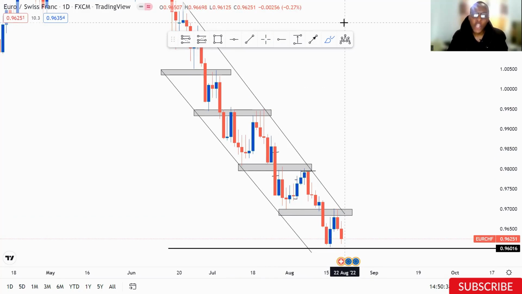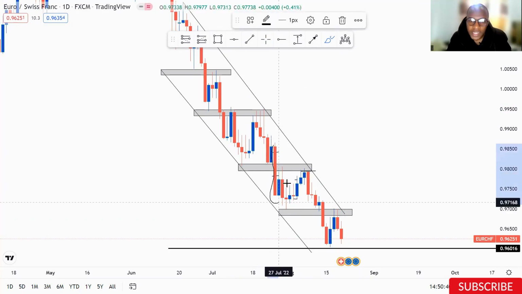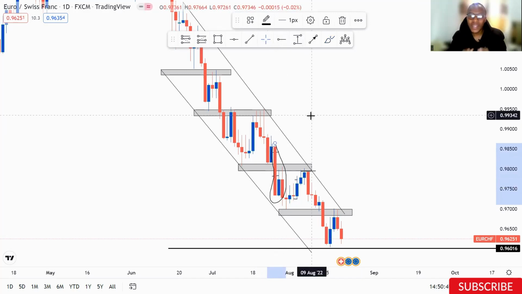The longer it is, like that long candlestick you see over there, the more momentum there is for the price to go to the downside, because there are plenty of sellers ready to push the market down.